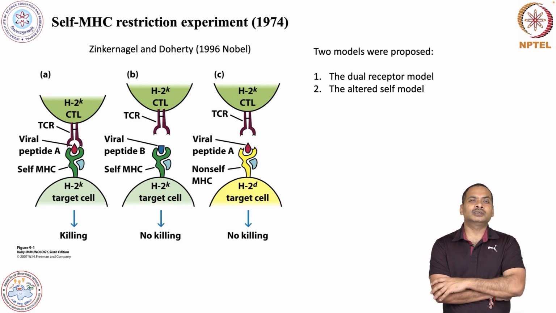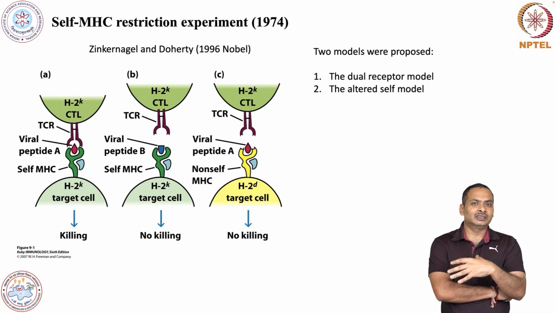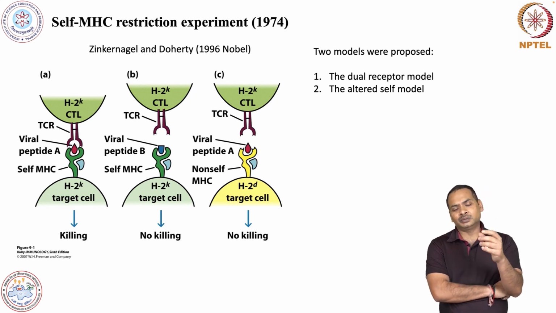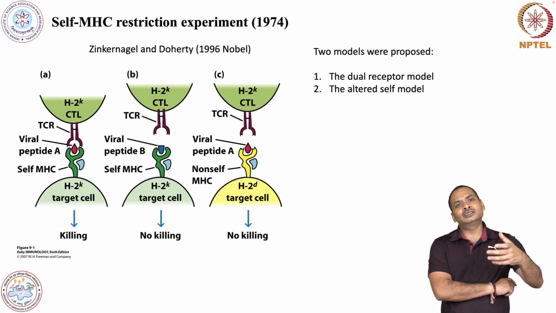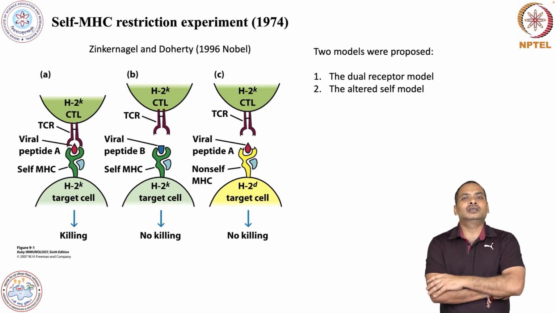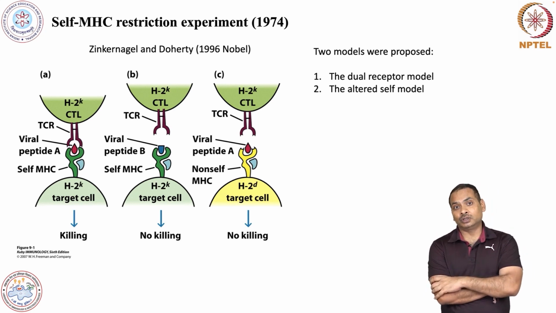The dual receptor model says that the T cell recognizes the antigen, so there must be some receptor which recognizes the antigen, and some receptor which recognizes the MHC molecule. Okay. So, this was the dual receptor model.